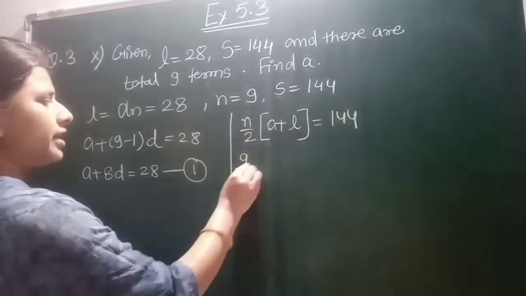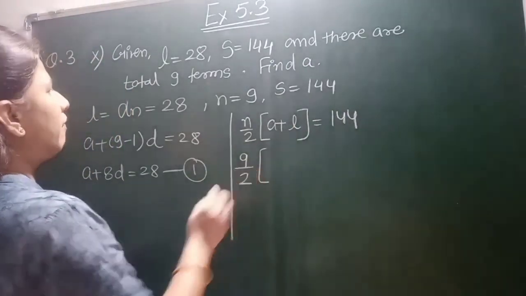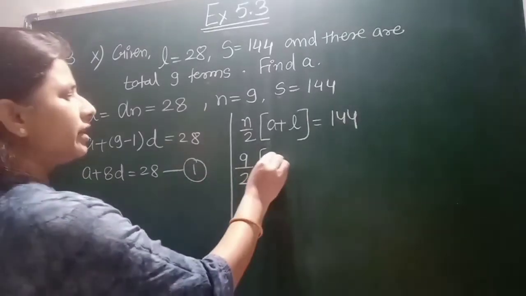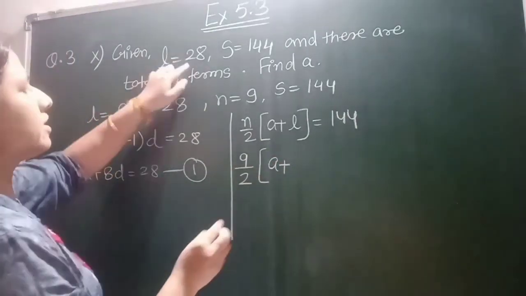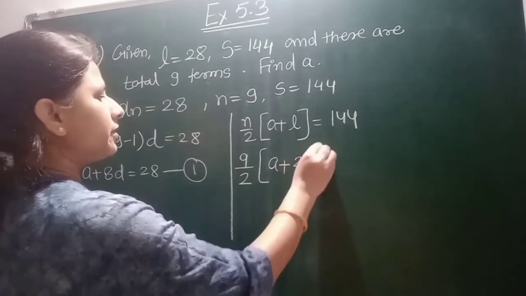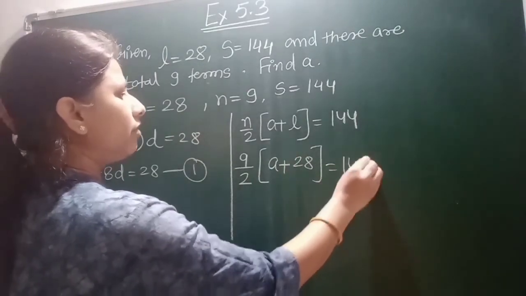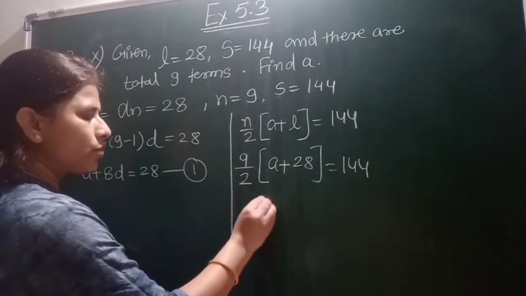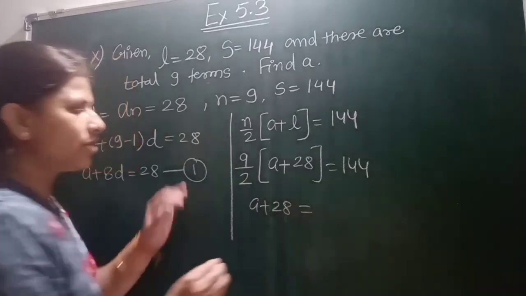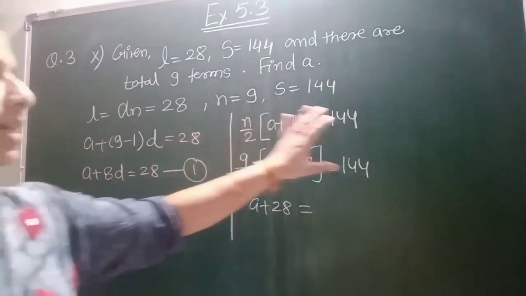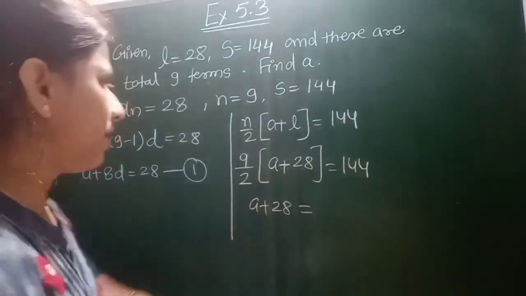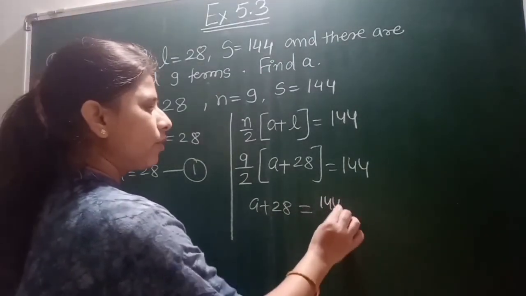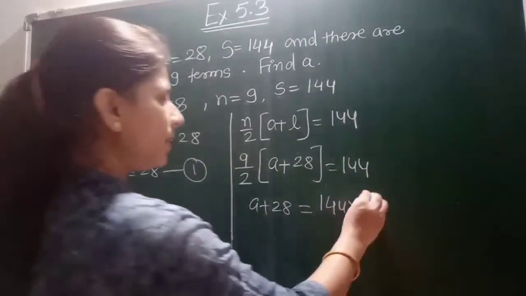n equals 9 upon 2. Value of a is unknown as it is and the last term is here 28, equals 144. Then a plus 28 as it is. Now we will shift this 9 upon 2 to the right hand side. 144 times 2 upon 9.